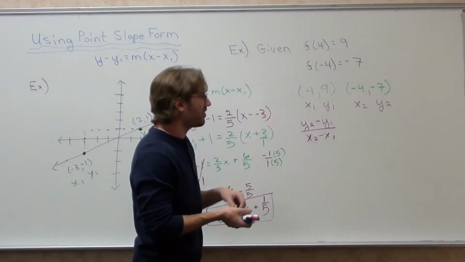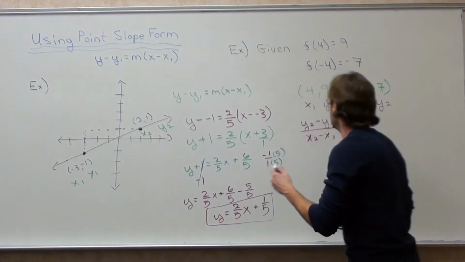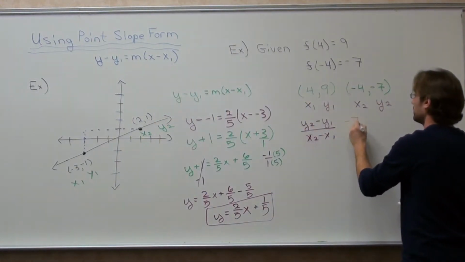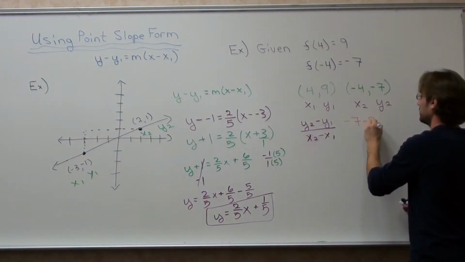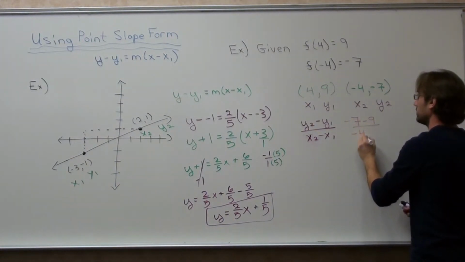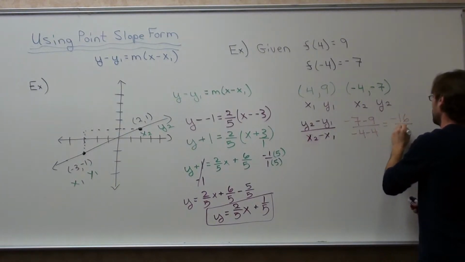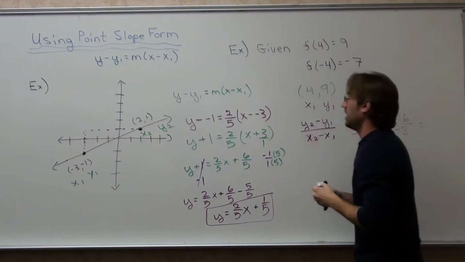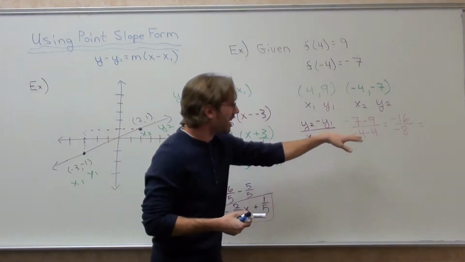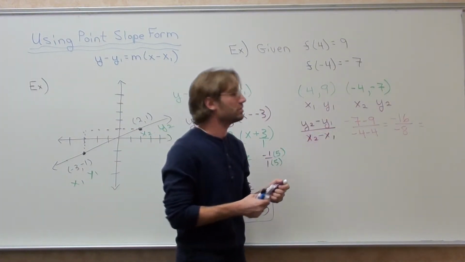We're going to go ahead and do that very quickly. And that comes out to negative 16 over negative 8, and that's just 2.